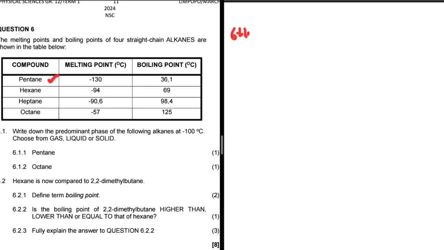At minus 100, it has already melted because it melts at minus 130, but it is yet to boil because it boils at 36. So the temperature is between the melting point and the boiling point, so the substance should be a liquid.